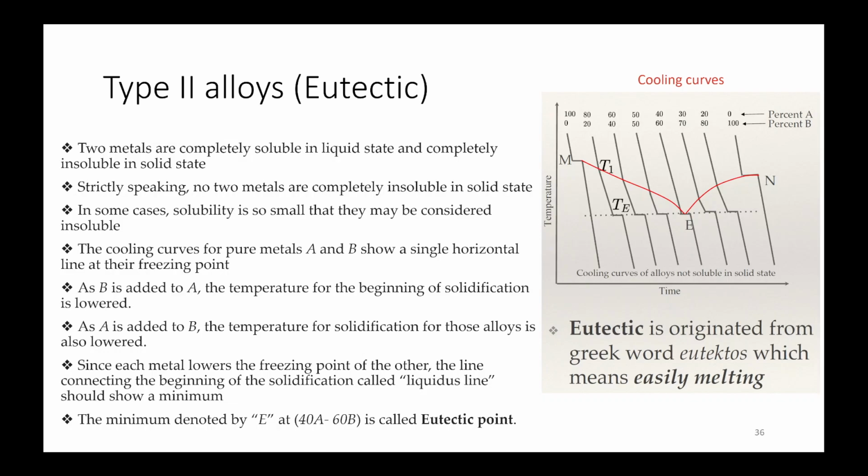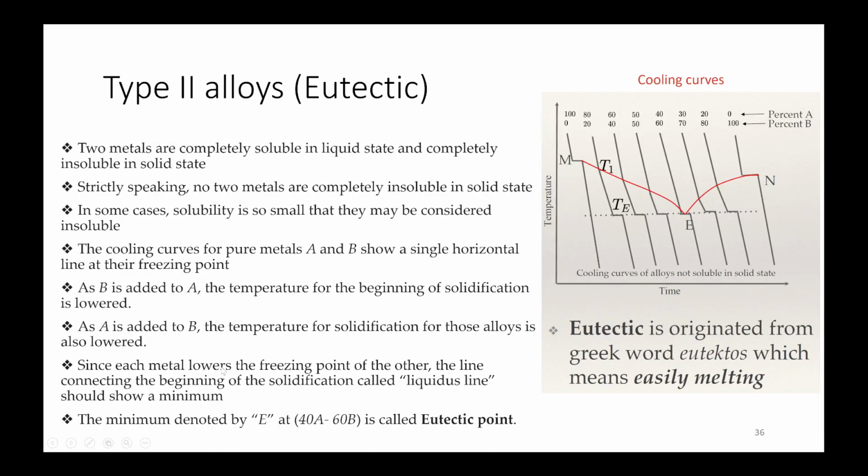The cooling curves for pure metals A and B show a single horizontal line at their freezing point, and as B is added to A, the temperature for the beginning of solidification is lowered. As A is added to B, the temperature for solidification of those alloys is also lowered.